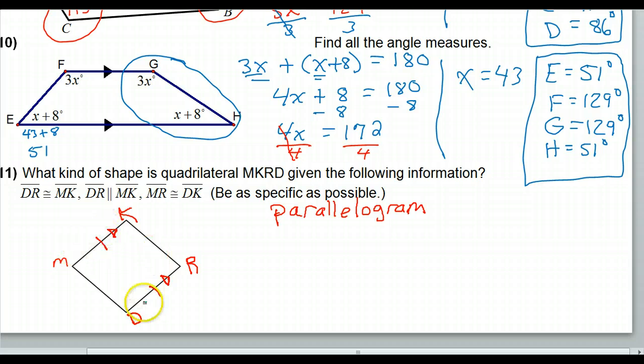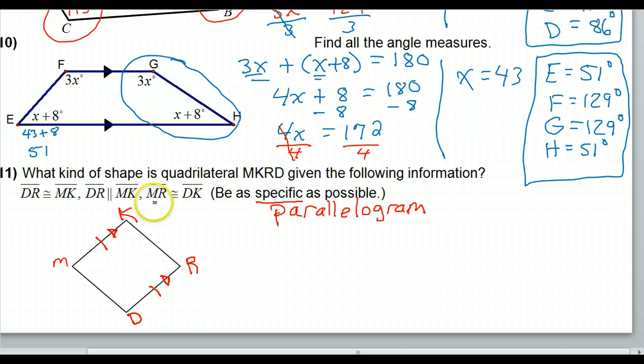So we have the same pair of sides, both congruent and parallel. So this is definitely a parallelogram. Now, it's just a matter of whether or not it's a more specific parallelogram. You know, is it a rectangle? Is it a square? Is it a rhombus? So let's see if the remaining detail narrows it down further.